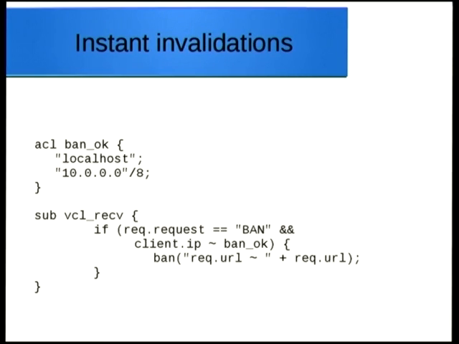So before serving an object, it will be checked against newer bans. So this runs immediately, even if you have 1 million objects in your cache. But it adds a tiny bit of overhead to all the objects being served after you have added it, because they need to be checked whether their URL is the incoming URL here.